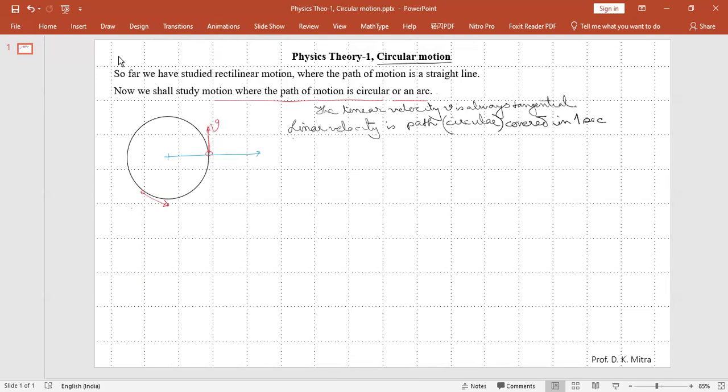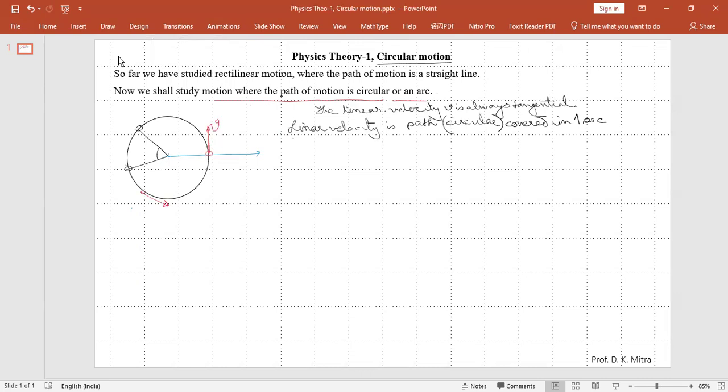Now say at any point of time the body was here, and after 1 second the body is here. So this is the angle which it covers in 1 second.